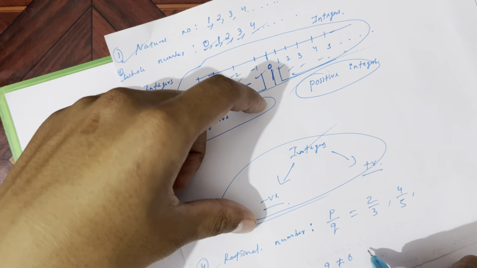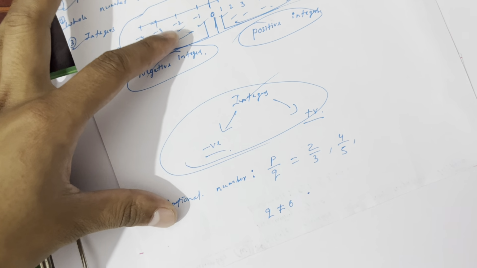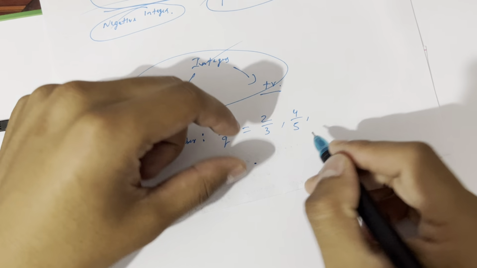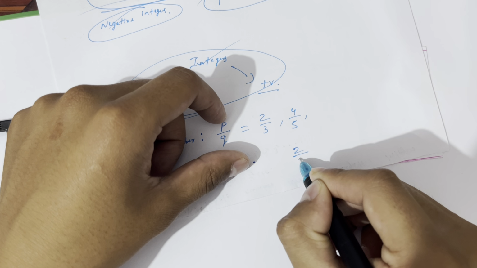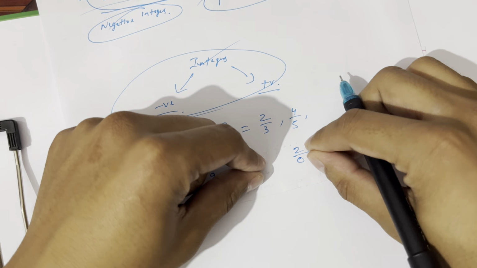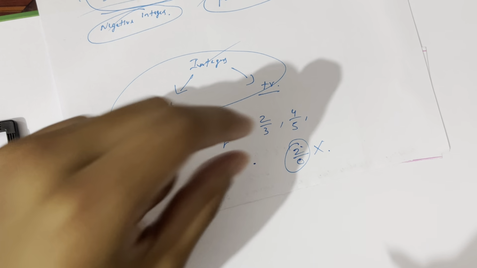Suppose, for example, 2 by 0. Let me ask you, is this a rational number? 2 by 0? No, this is not a rational number.